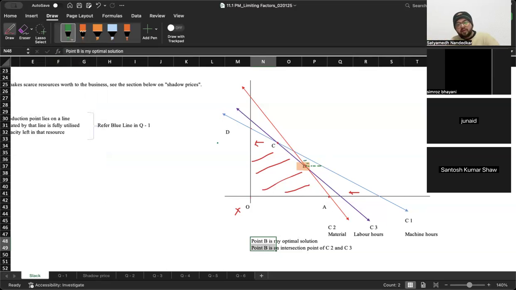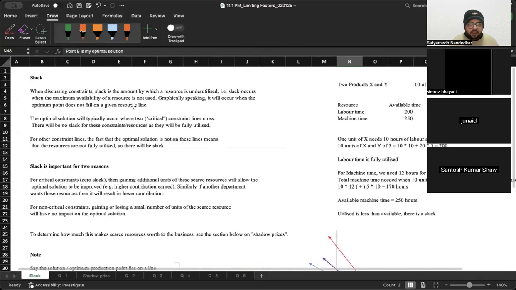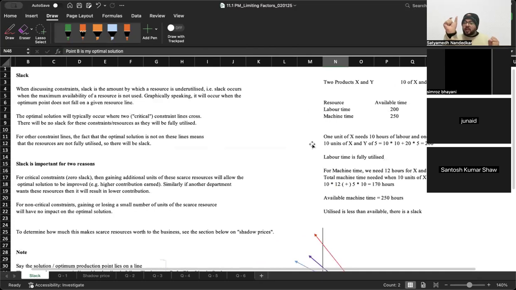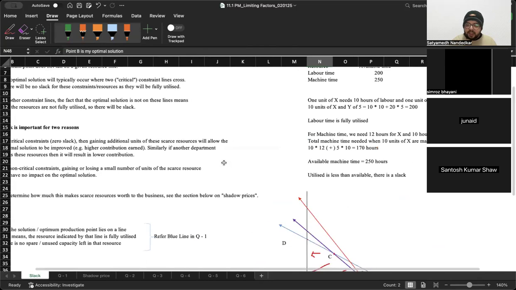So what they were trying to say here is that graphically speaking, it will occur where the optimum point does not fall on a given resource line. It has to fall below the given resource line. ठीक है, it is not on line C1, it is below line C1. वो unutilized space आपको ग्राफ में दिखेगा. ठीक है, there will be no slack for these resources? Why will there be slack? Because maximum utilization तो हुआ ही नहीं है ना.